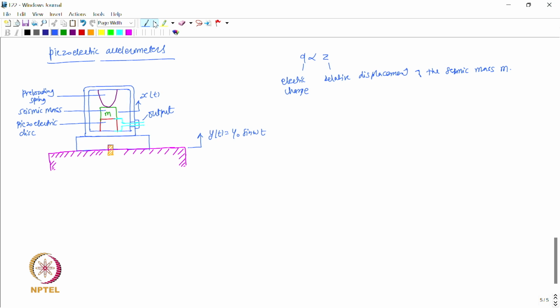The piezoelectric disc is made from piezoelectric materials, and the common piezoelectric materials are quartz, barium titanate, and lead zirconate.